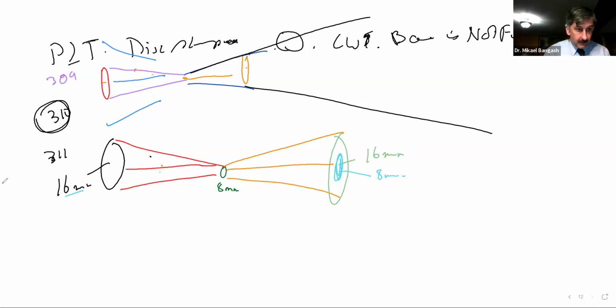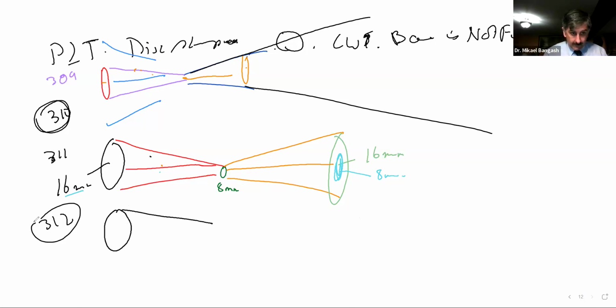Question number 312. The diameter of an acoustic beam produced by a crystal is 8 millimeters at a depth twice the near zone length, then the PCT crystal is 8 millimeters. What they mainly say is, well, let's do this.